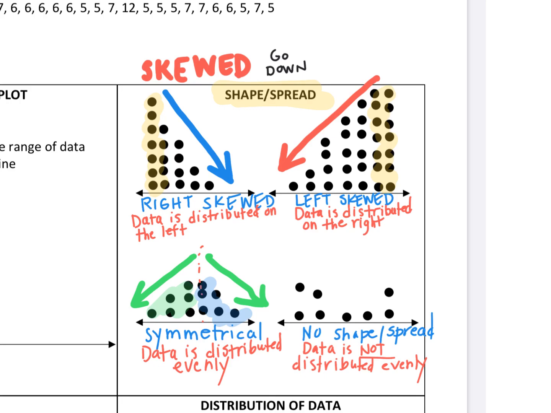And the last one is when the data isn't really distributed anywhere. It's just kind of all over the place. Okay, there's really no shape to it. Now you're going to go to the next page so that you can do some practice identifying these different graphs.